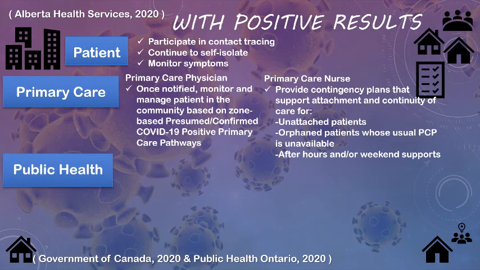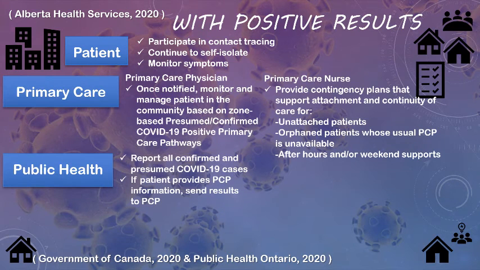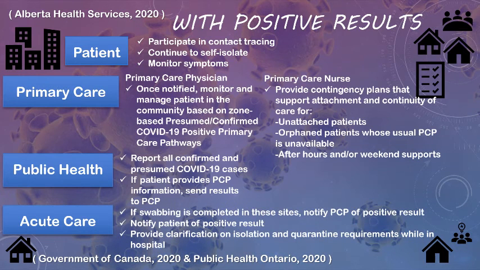Public health reports all confirmed and presumed COVID-19 cases. If the patient provides PCP information, send results to the primary care practitioner. Acute care, if swabbing is completed in these sites, notifies the primary care physician of a positive result, notifies the patient of positive results, and provides clarification on isolation and quarantine requirements while in the hospital.